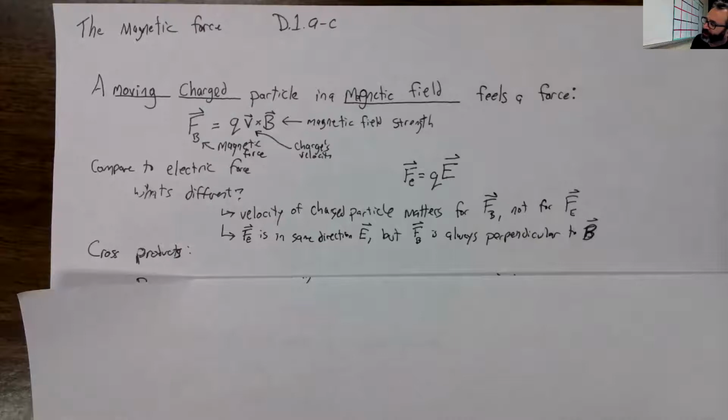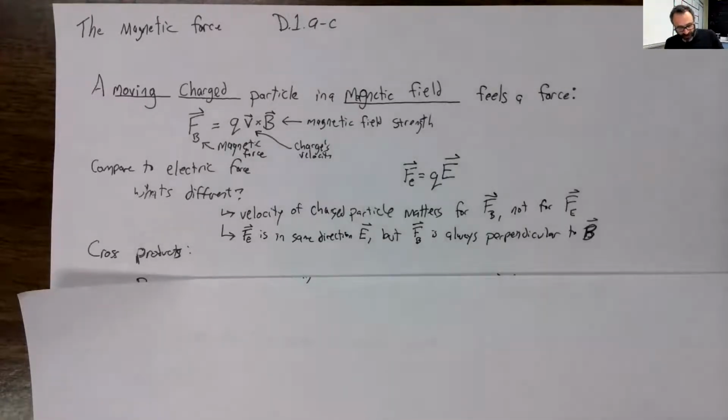Do you remember cross products and the right-hand rule if you took AP mechanics? Yes, I think. Yeah, good. Maybe you do, maybe you don't. We probably need to brush up on it anyway, right?